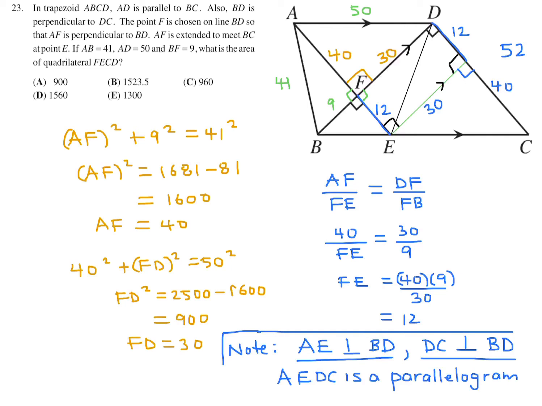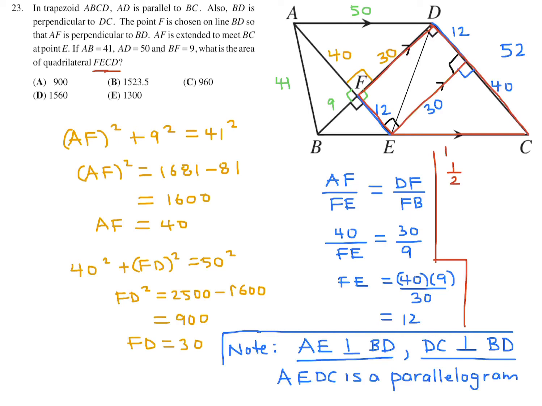And there you go. We have everything we need to figure out the area of FECD. That shape. We have everything we need. I think I won't need much more than that much space. Break it up into two segments. We've got the triangle and we've got the rectangle. So the triangle is just 1/2 base times height.